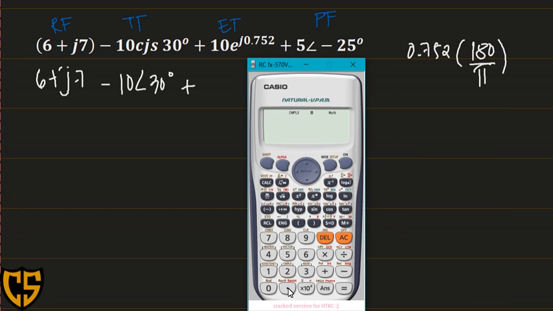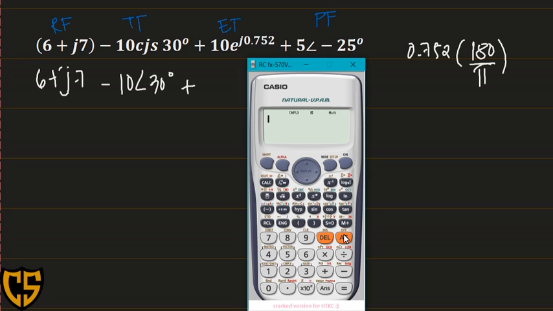Okay, let's try. 0.752 times 180 all over pi. Shift pi. So our answer is 43.09 degrees.